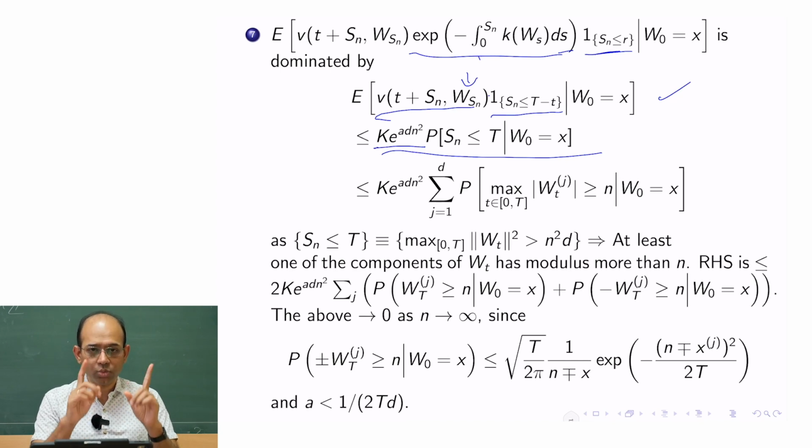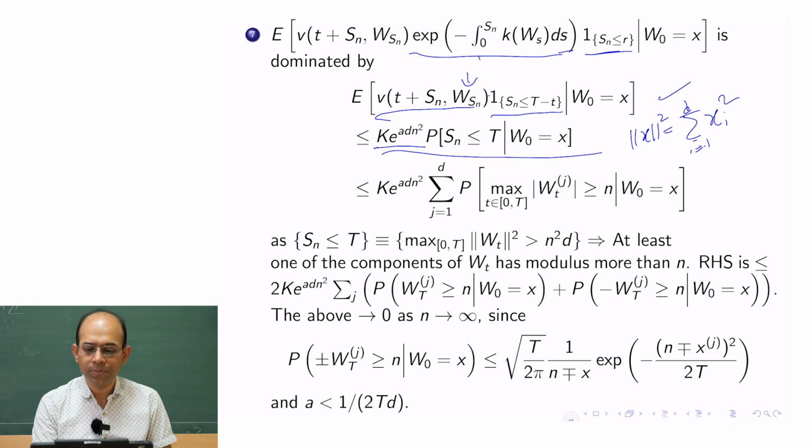So its squared norm is more than n squared times d. The norm of x squared involves the summation of xi squared, i equal to 1 to d, so there are d terms in the sum.